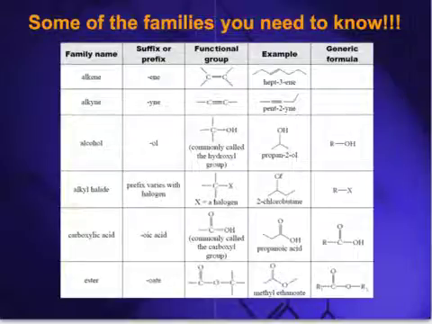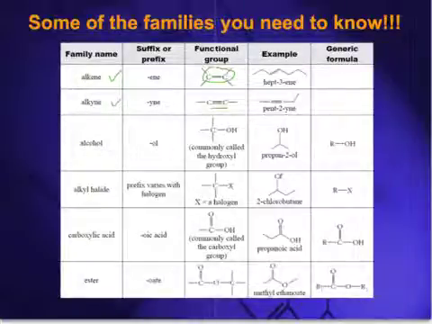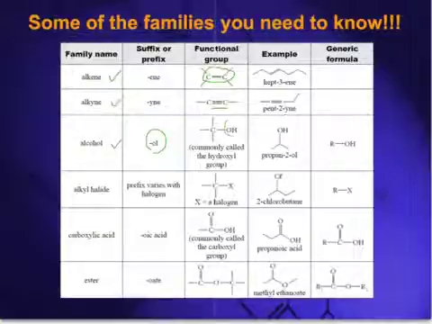Here is a summary of all the hydrocarbon compounds that you need to be familiar with in Chemistry 30. The most simple form is our alkane, which is a saturated molecule. The next one that you need to know is an alkene, which is a double bond compound. Alkyne is next, where there is a triple bond. The next one is an alcohol, where there is an OH group attached to our hydrocarbon.